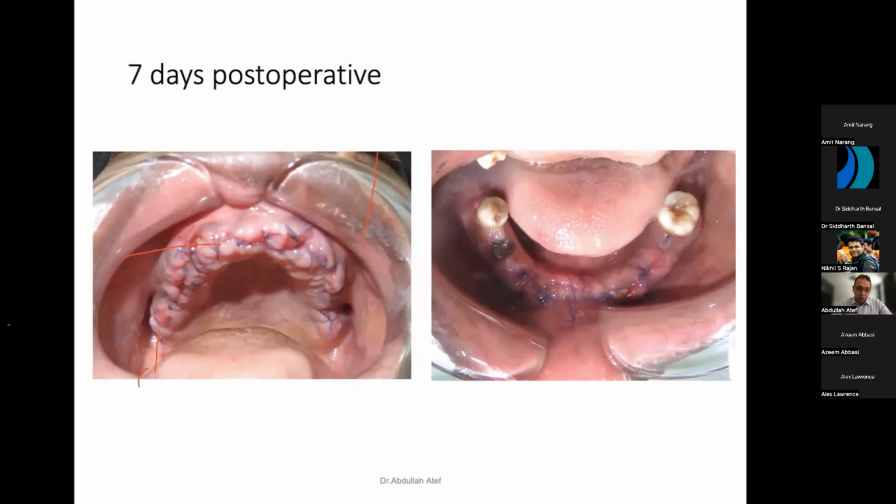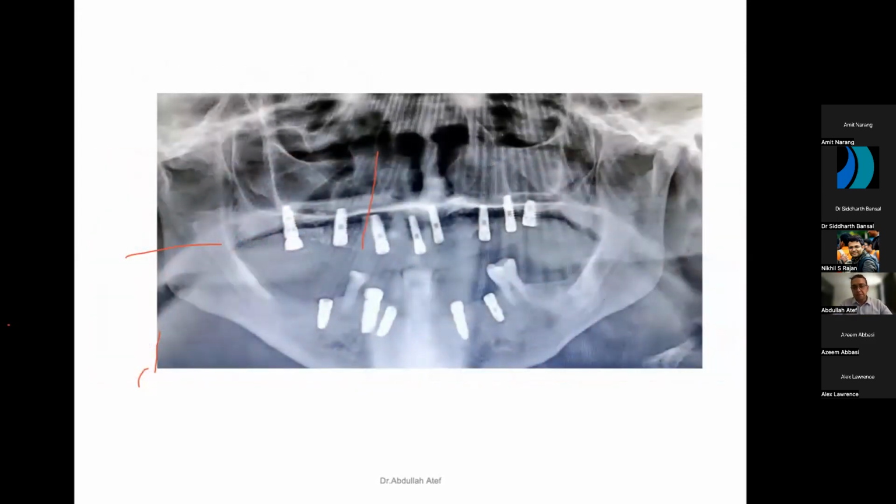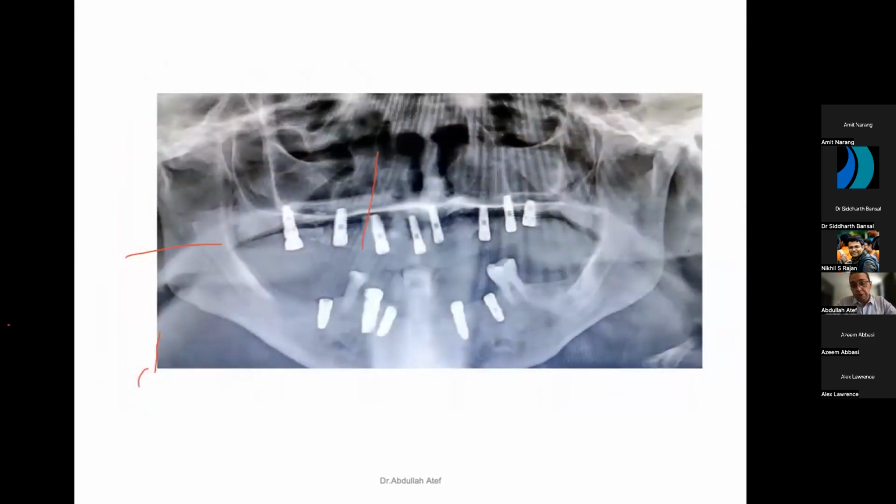After that, look at the arch form. It's completely different. We complete the arch form, we change the arch form, we change the patient profile after implant placement, and then you have to consider that we remain with these natural teeth. We didn't remove them. Why?